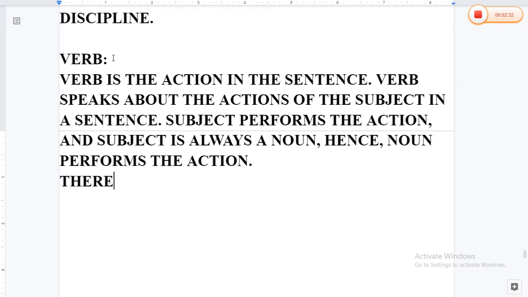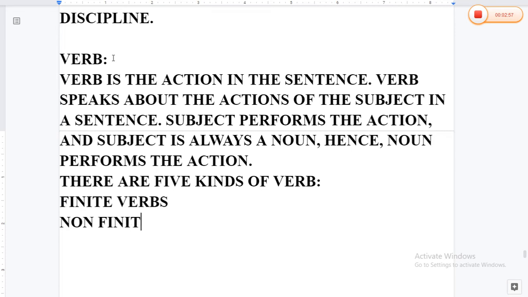There are not two, in fact 5 kinds of verbs. There are 5 kinds of verb. Let me name them. First one is finite verbs. Second, non-finite verbs. Third one is auxiliary verbs.